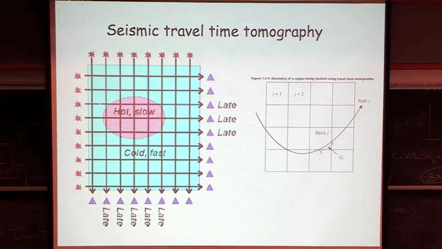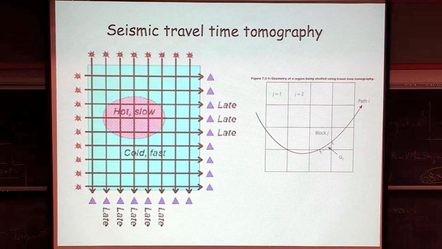Okay. In practice, of course, in seismic tomography, rays in the Earth are curved, as Ed showed us in his lecture. And so the geometry is somewhat different, but the principle is the same.